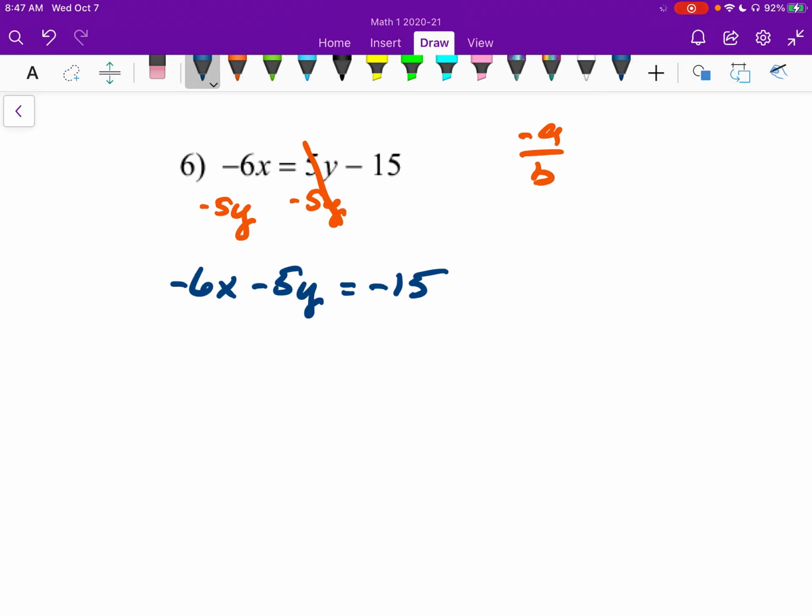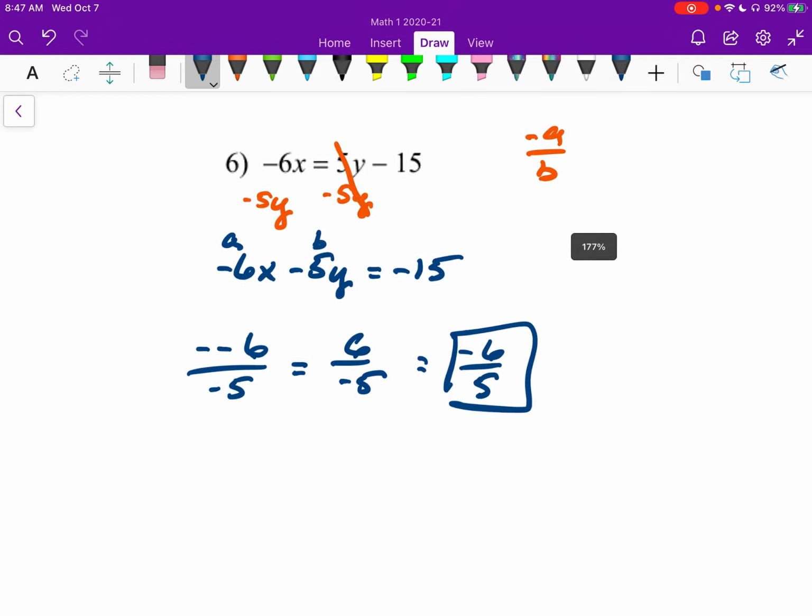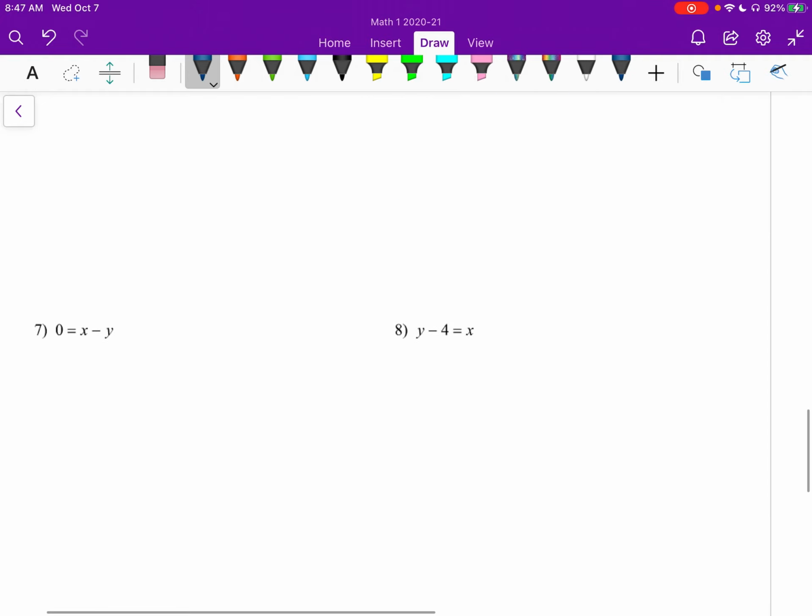Here's a, here's b. So negative 6 over negative 5. Negative over negative gives me positive, so 6 over negative 5. And then I can rewrite that as negative 6 over 5. And that's my slope. All right, that's number 6.